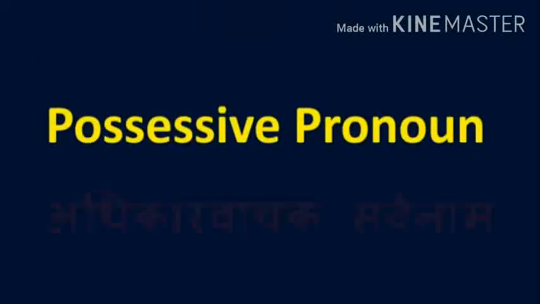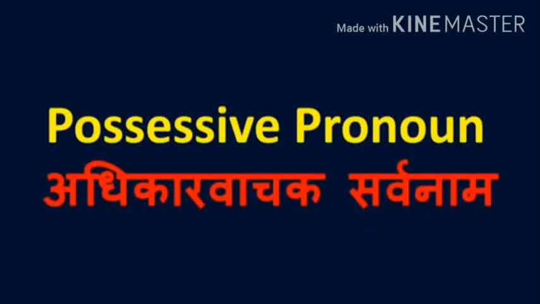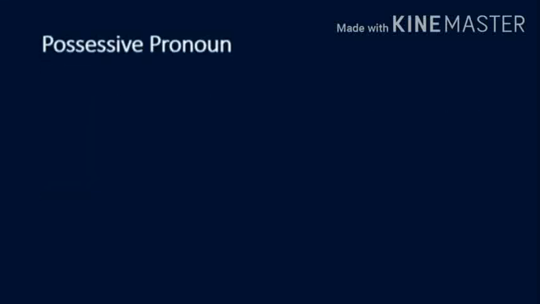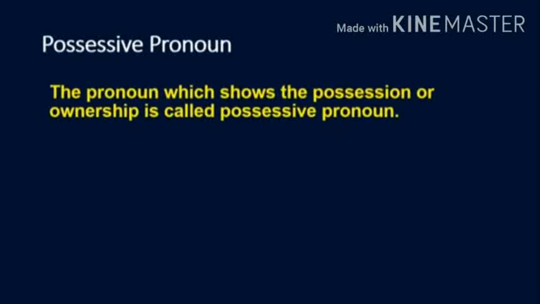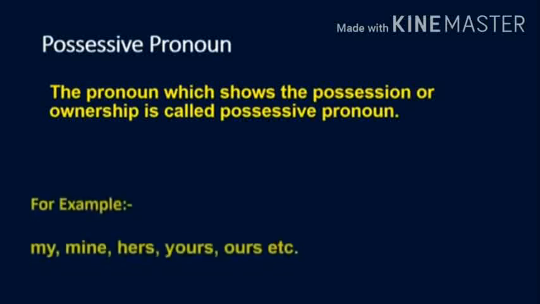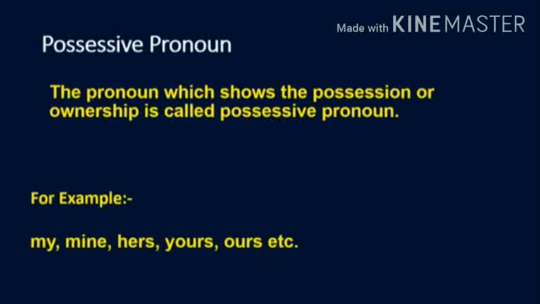Now let's learn possessive pronoun. What is a possessive pronoun? The pronoun which shows possession or ownership is called a possessive pronoun. Anything that you own or show ownership of must be said with a possessive pronoun.